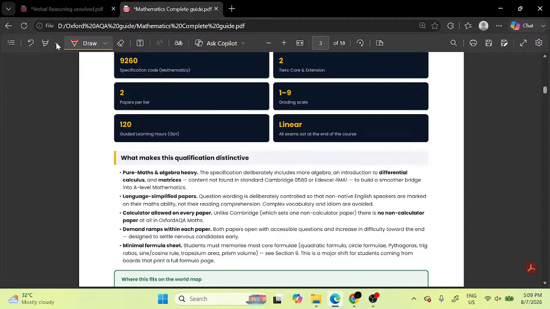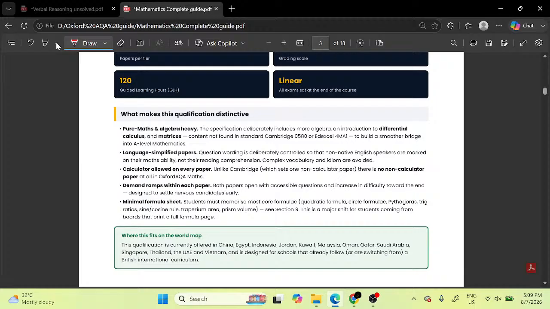You cannot give paper 1 in May June and paper 2 in October November. Either you give in October November or in May June, it's totally up to you, but you have to give both components in the same session.